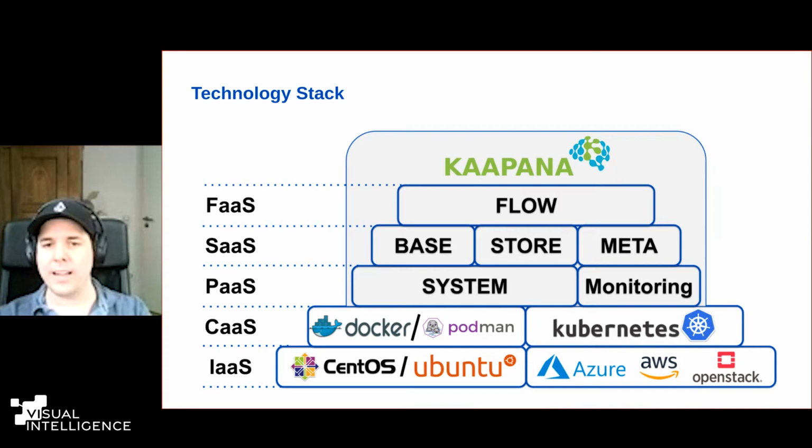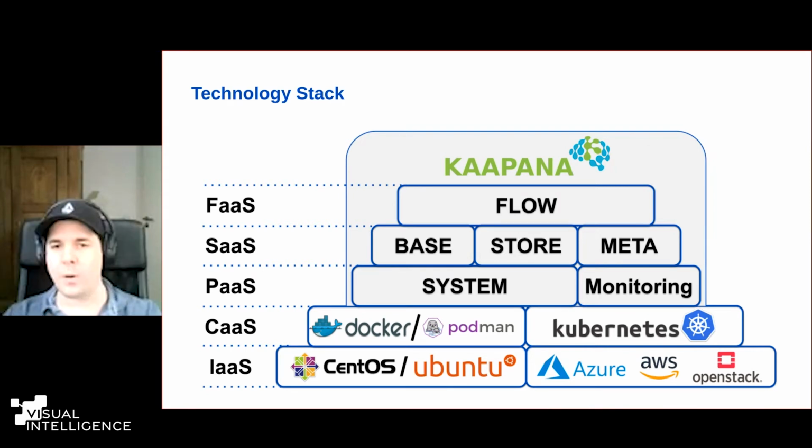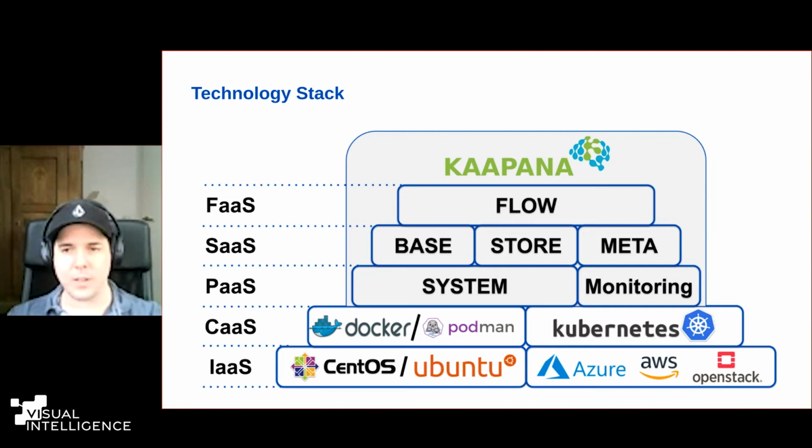As I told you before, there's a base layer with the system components, which allow you to deploy services in different environments. And then you also have the component areas for user interface, storage and data exploration. On top of that, there's this flow area where you can basically just schedule jobs, processing jobs, for example, machine learning training or inference.